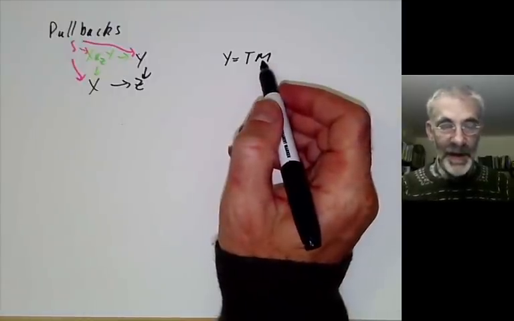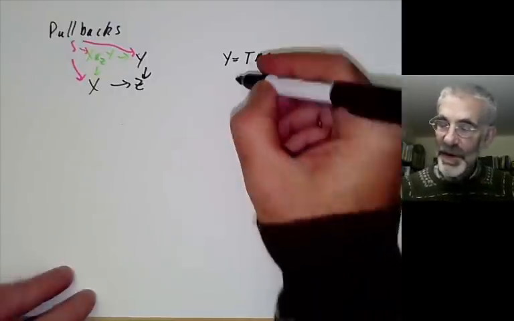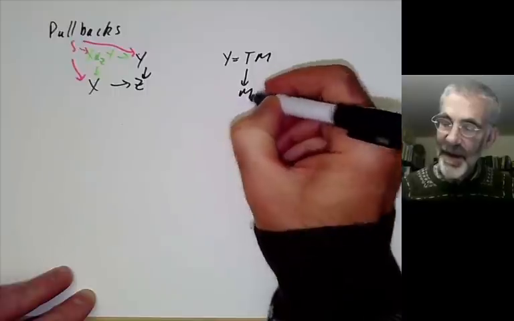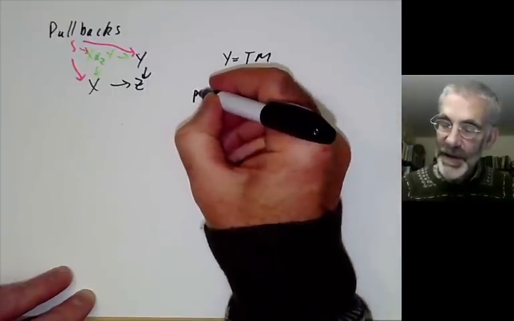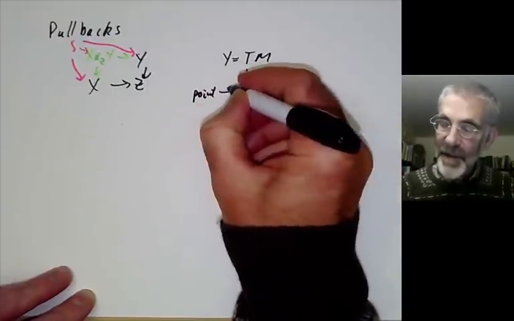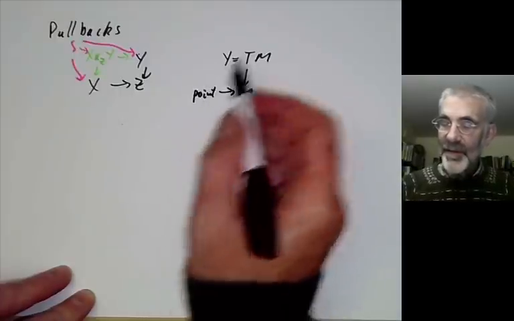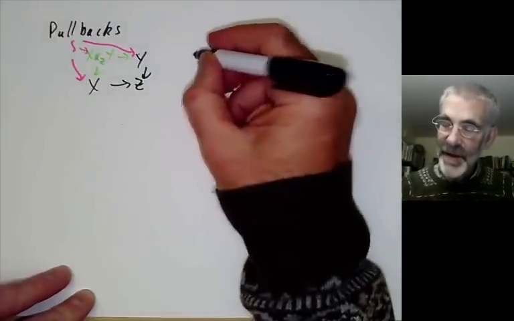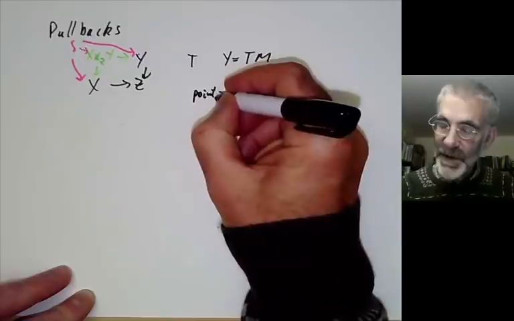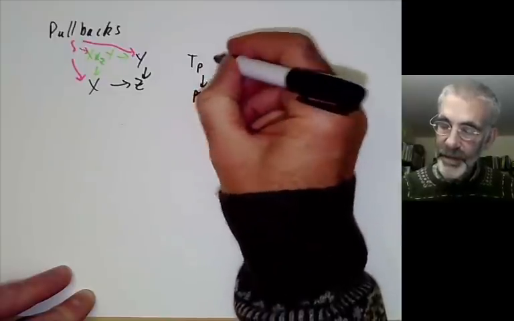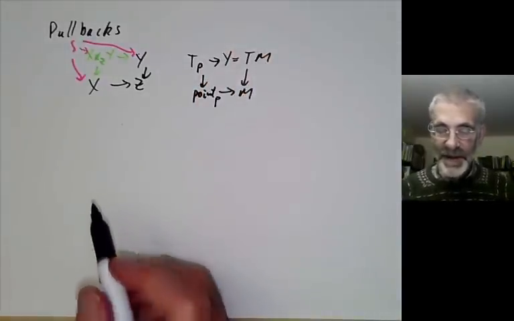So it's all tangent vectors of all points, and this projects to the manifold M. And then we can take a point P of the manifold M. Then the pullback of this will be the tangent space at this point P, as you can check fairly easily.